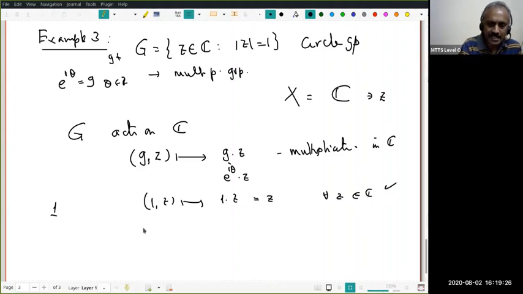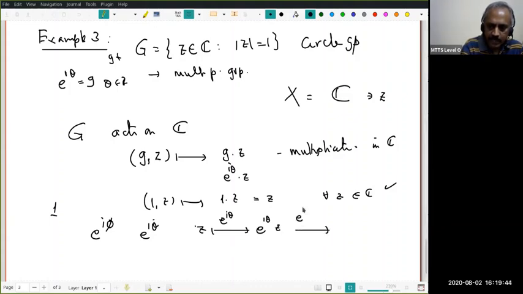Now what is the second condition? Let us take two elements, e power i theta and another one e power i phi. Under e power i theta, where does z go to? z goes to e power i theta times z.